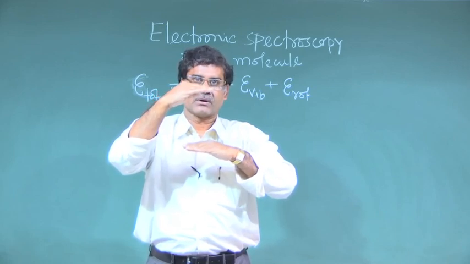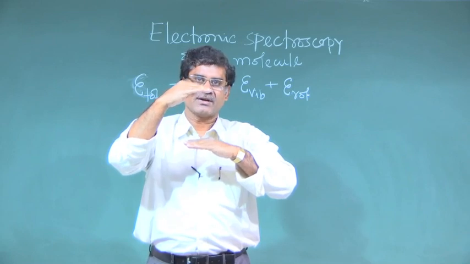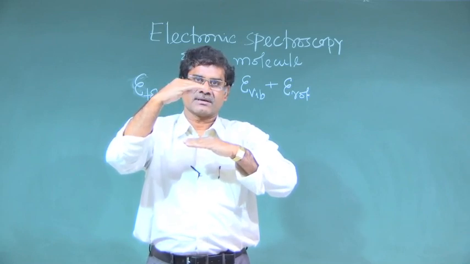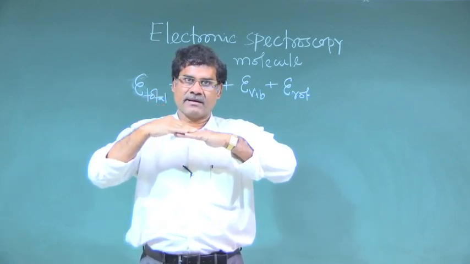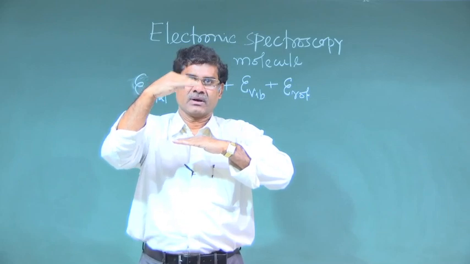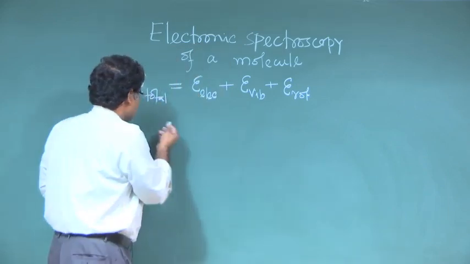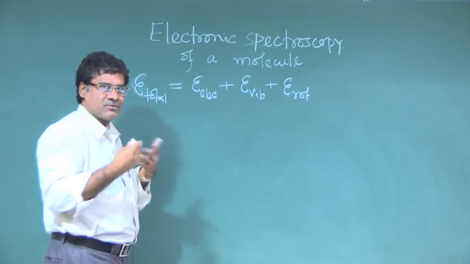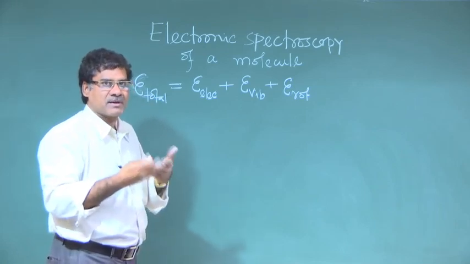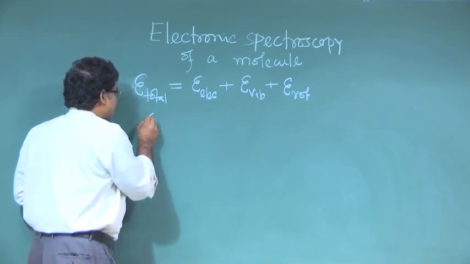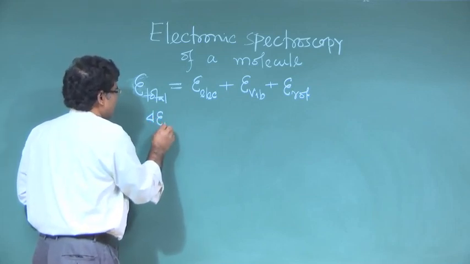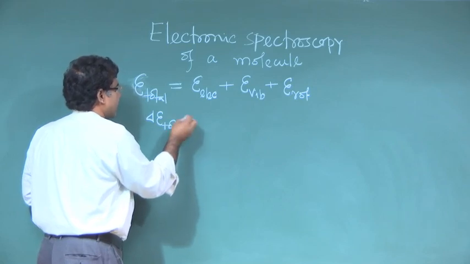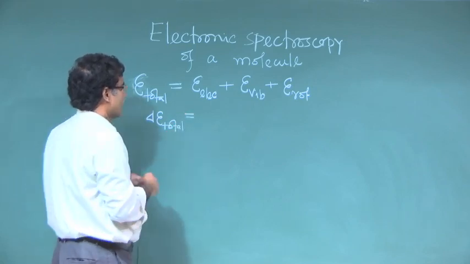So, the molecule has come from one energy level to another energy level. Their energy difference, or the energy of the spectral lines, del epsilon total, is as follows.